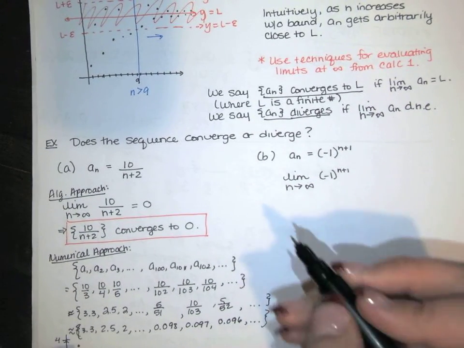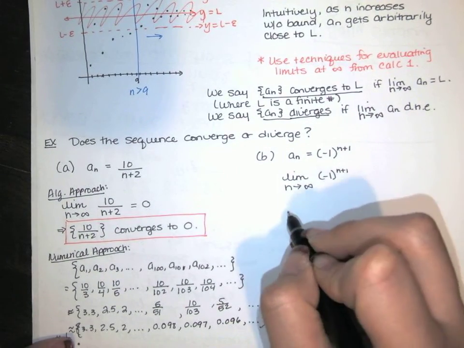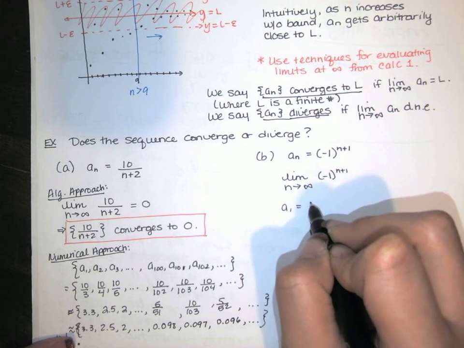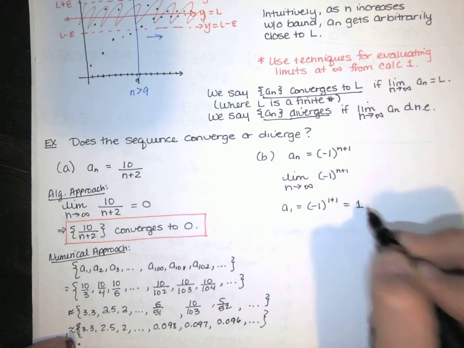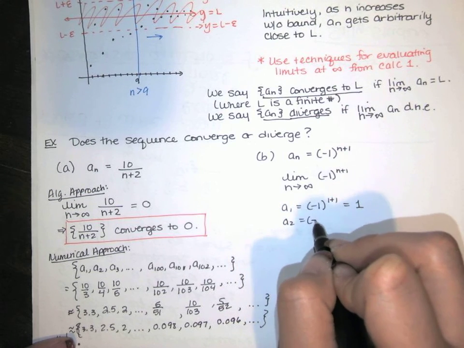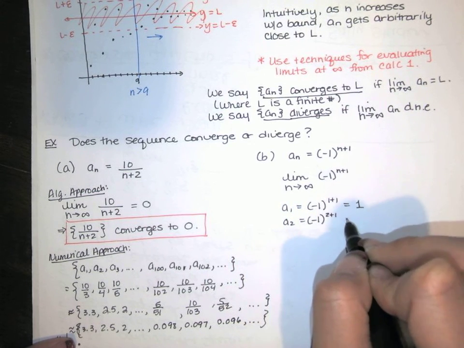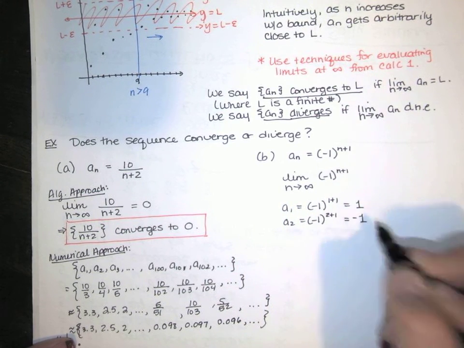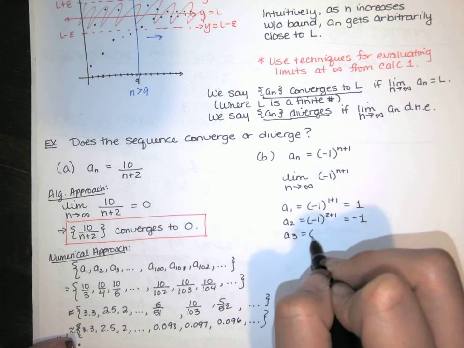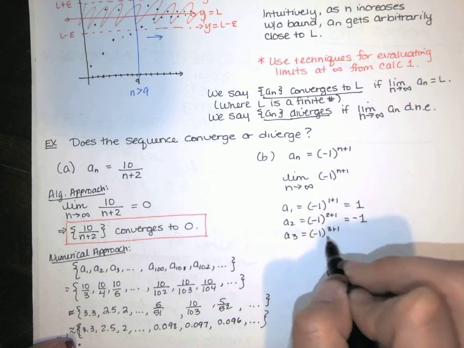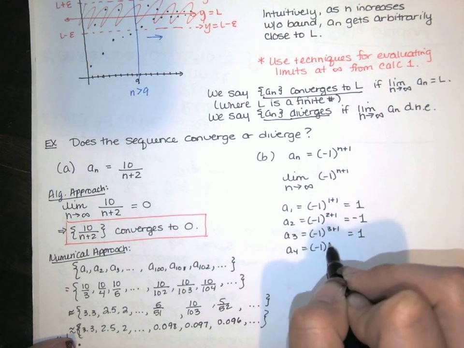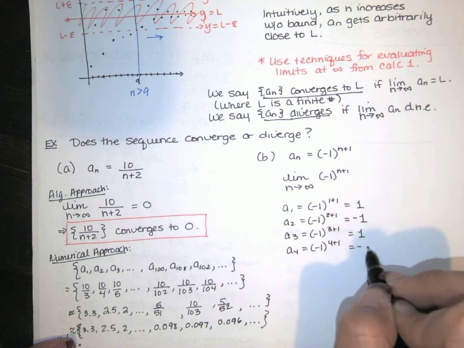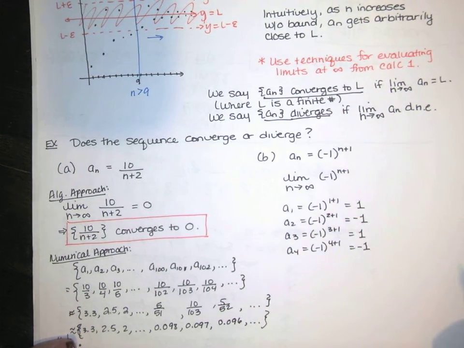If you don't believe me, let's look at a numerical approach. So a sub 1 is -1 to the 1 plus 1. -1 squared is 1. A sub 2 is -1 to the 2 plus 1. -1 cubed is -1. A sub 3 is -1 to the 3 plus 1, -1 to the 4th, which is 1. A sub 4 is -1 to the 4 plus 1, -1 to the 5th, it's -1.